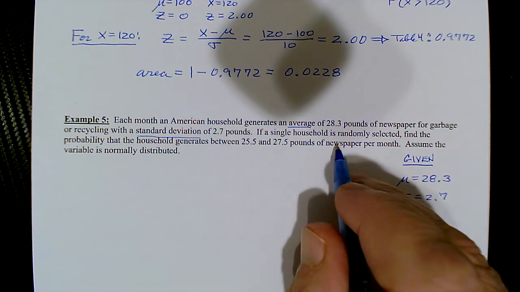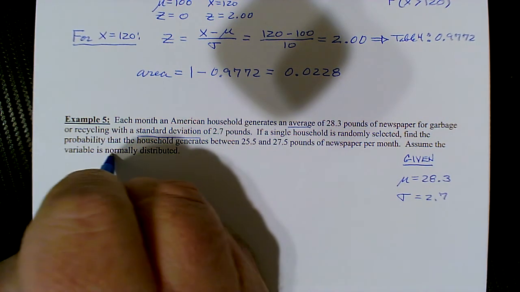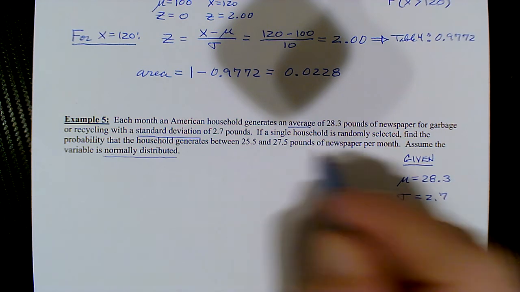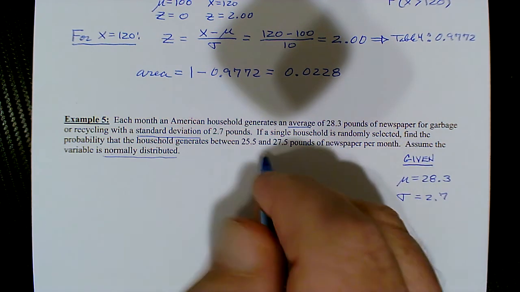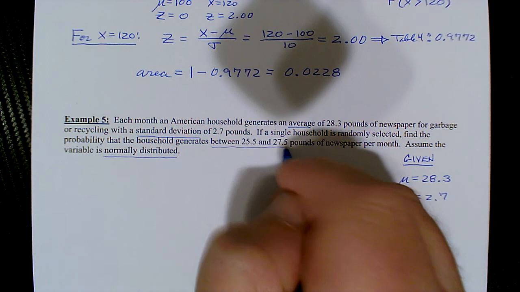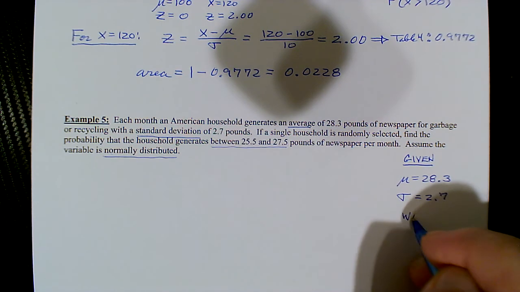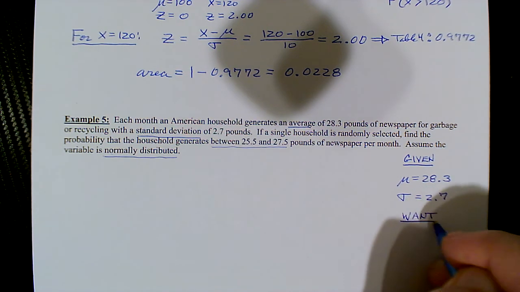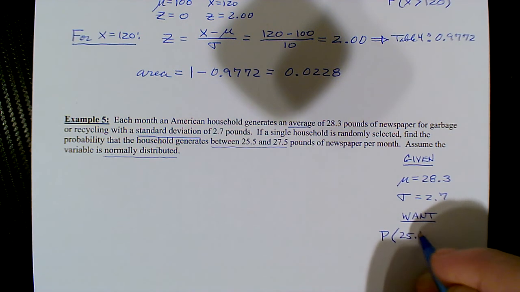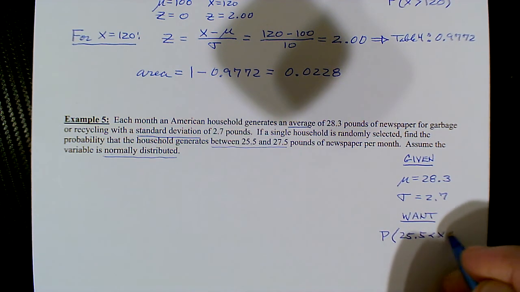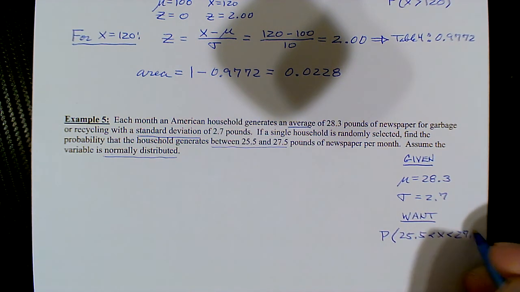We select one household. Oh, there's the assumed normally distributed. And select one household. We want the probability that x is between 25.5 and 27.5.